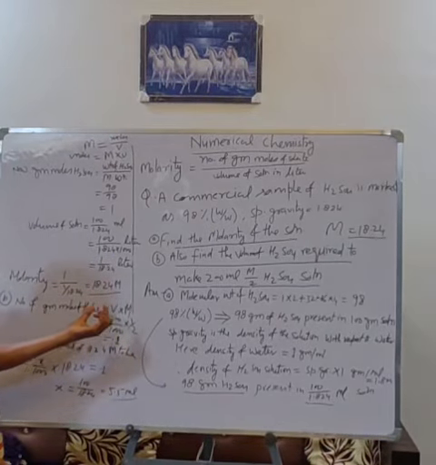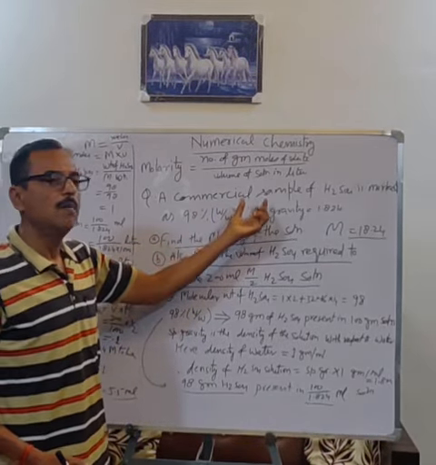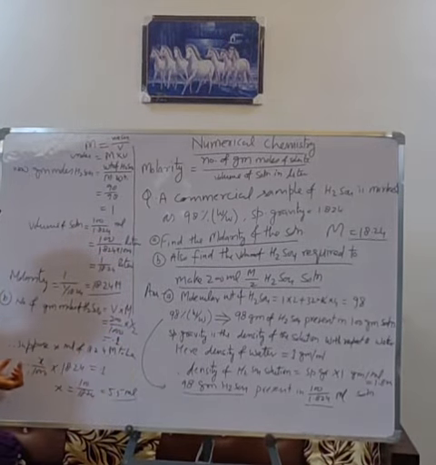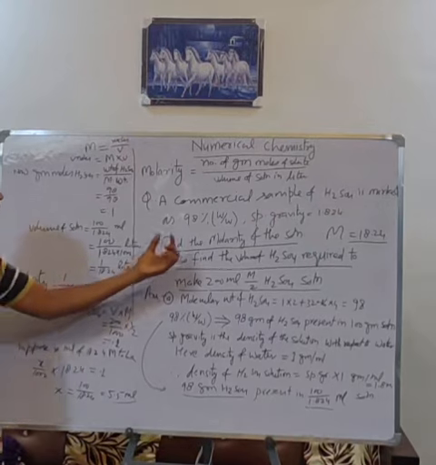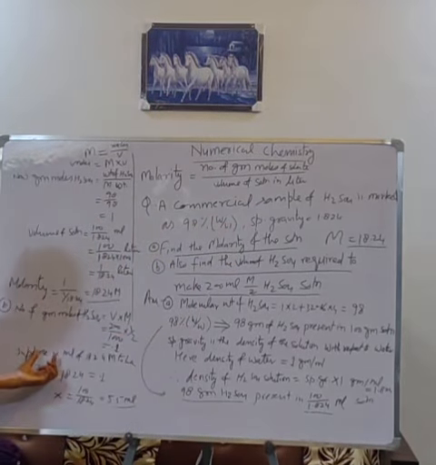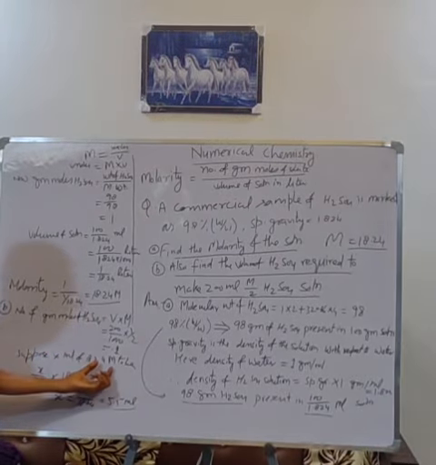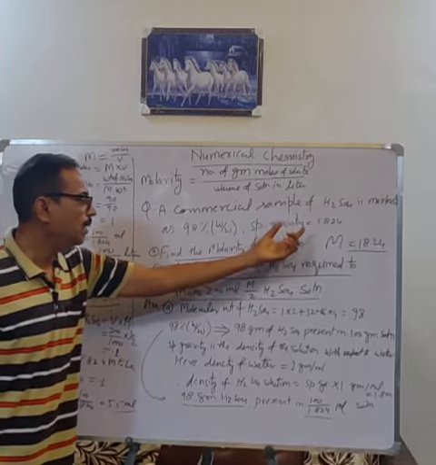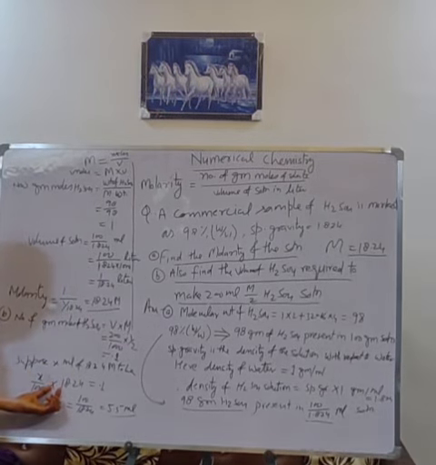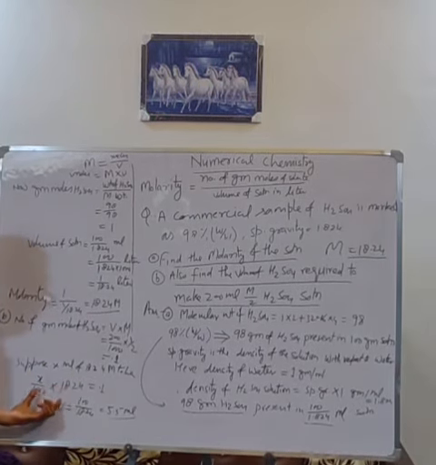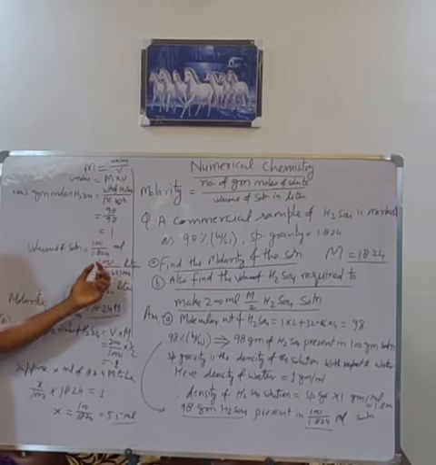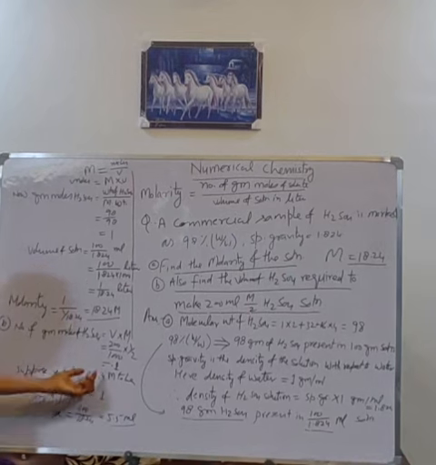So it means how much quantity of this sample do we take which contains the 0.1 mole. Now suppose x ml we have taken from this commercial solution, that is 18.25 molar. Its molarity is known. If we take x volume, then x by 1000 into molarity is the gram moles, that will be equal to 0.1.